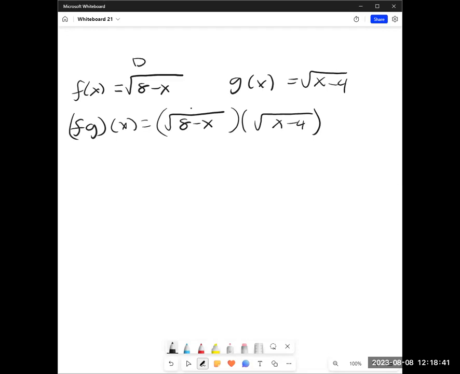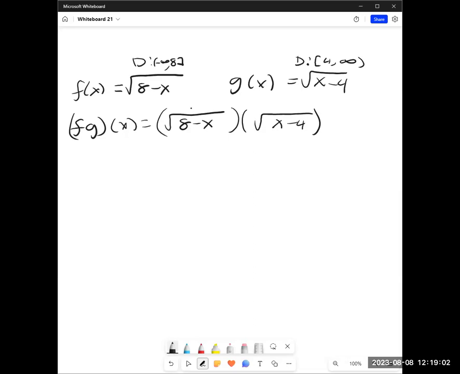The domain here was that x needs to be less than or equal to 8, and this domain here is that x has to be greater than or equal to 4.